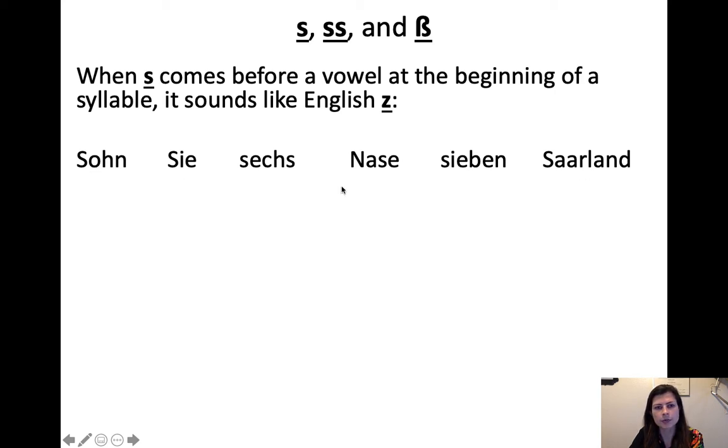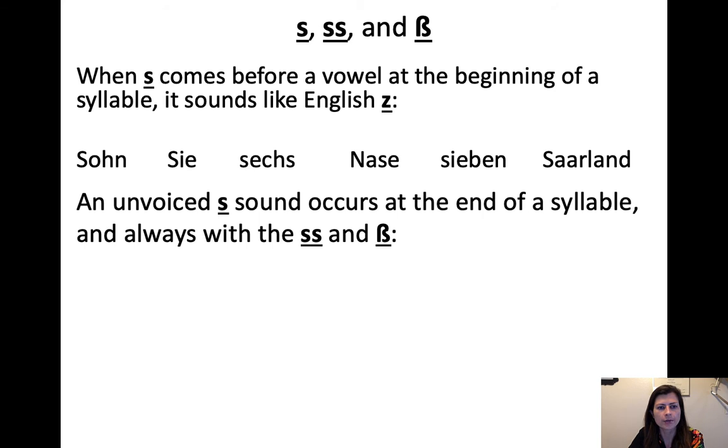So beginning of the word, and then if it's the beginning of a syllable, like Nase, it also gets it. You can tell if it's between two vowels like this, it's going to be the Z sound. So kind of by default, if it's at the end of the word, it's a different sound. But a lot of times the S sounds more like a Z, Sohn.